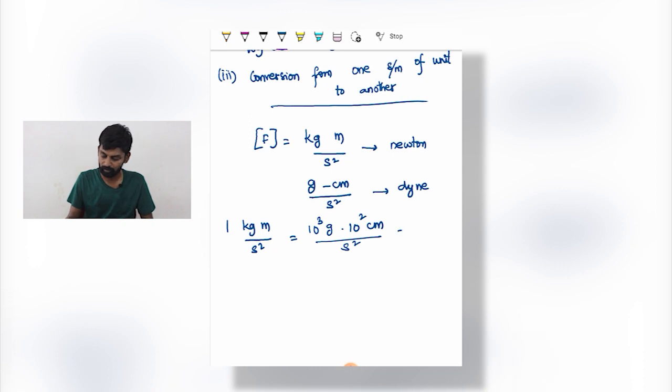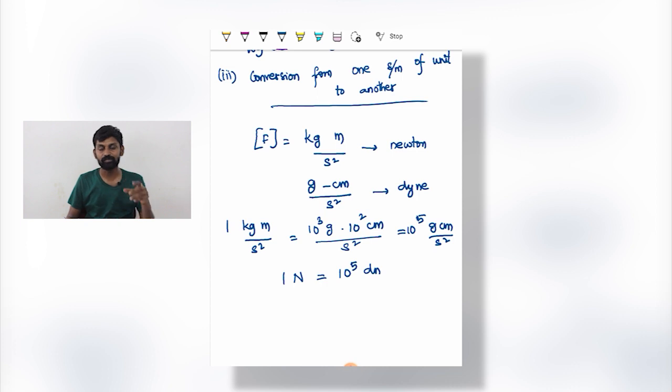So, you get 10 power 5 gram centimeter per second square, or clearly 1 Newton is equal to 10 power 5 dyne. This is the conversion we got.